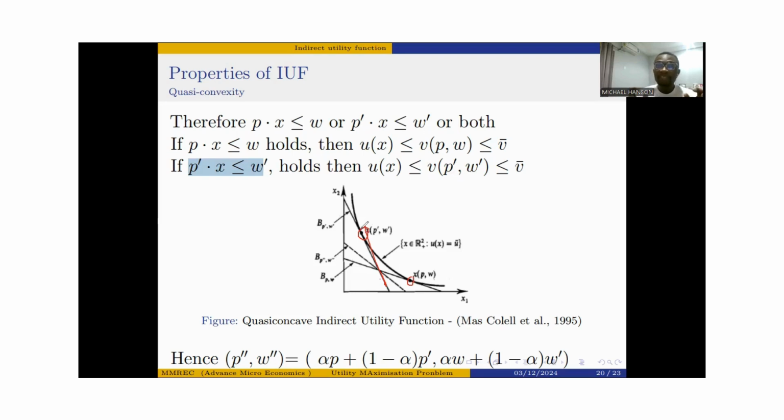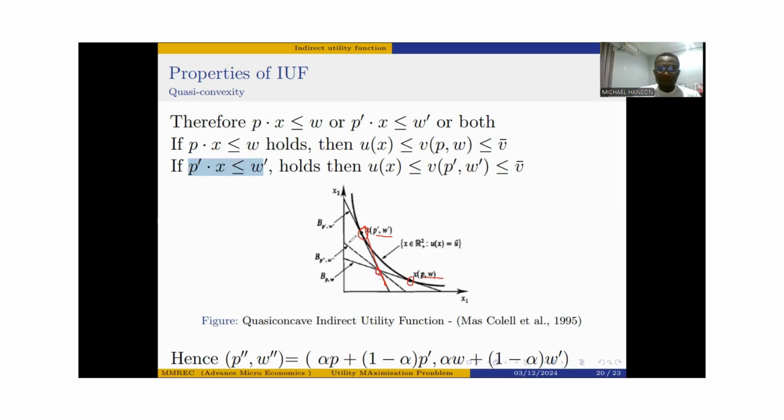So the utility is quasi-concave, with different alternatives, and the budget line is convex, such that we can afford both of them. If that happens, then we can choose another combination, a portion of this and a portion of that, which gives us this point.